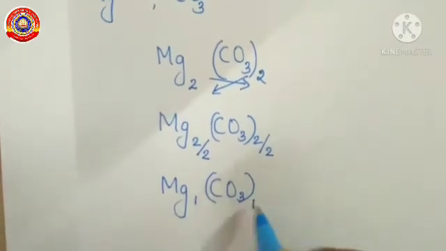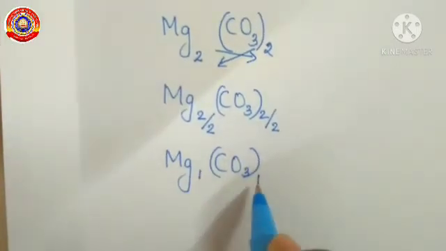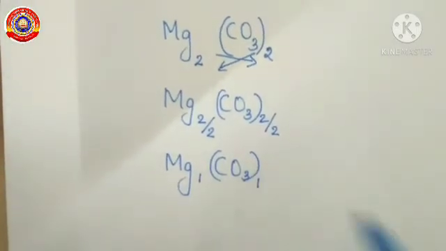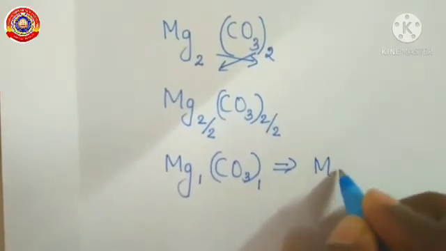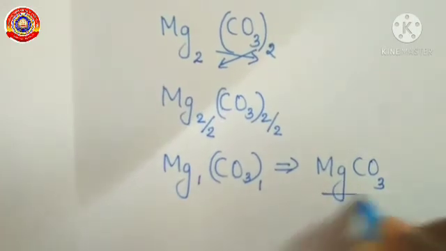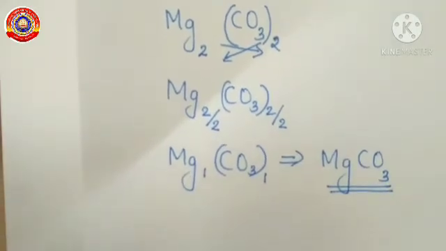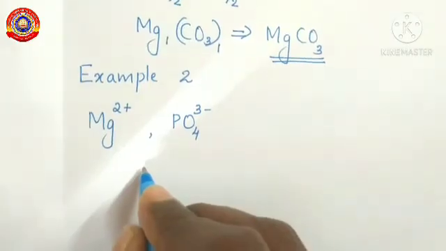Remember, if the subscript is 1, it need not be written. Then we can write it as MgCO3. So dear children, could you name this salt? Yes, the name of the salt is magnesium carbonate. You got it? Alright, look at another example.